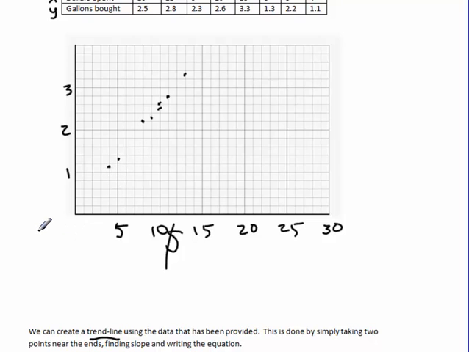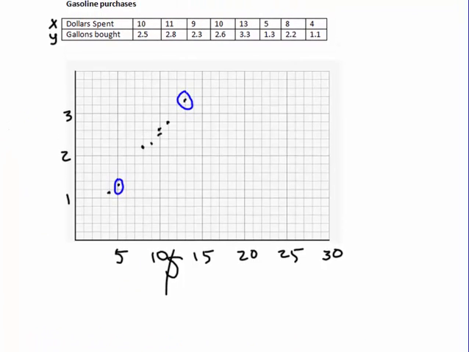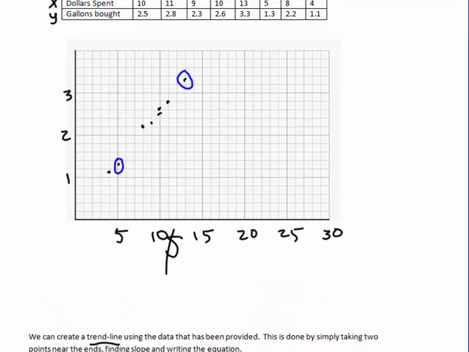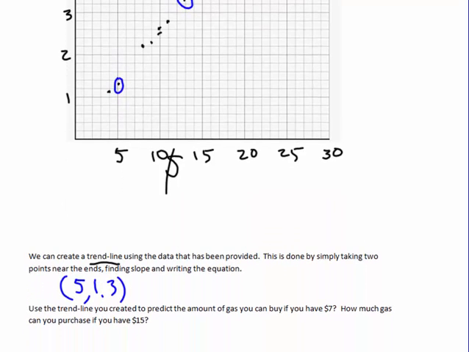Let's use this point here, and this point here. And this is the point 5, 1.3. So we have 5, comma 1.3. And the other point is 13 and 3.3.